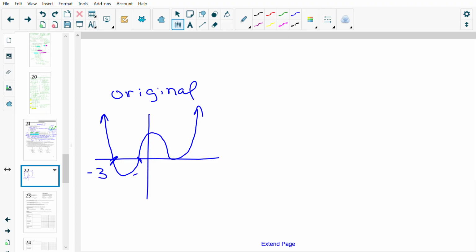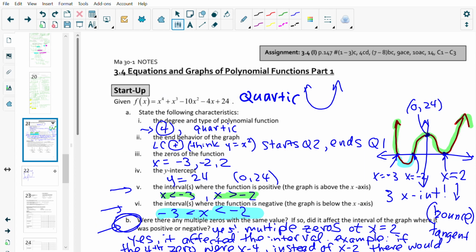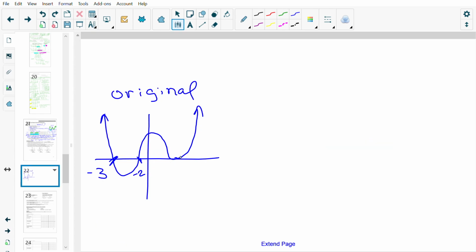This is negative 2, and then positive 2, right? So this one, the zeros are x equals negative 3, negative 2, 2, and 2. Remember, this is identical in real roots. So two identical real roots, I can list it as 2 and 2.